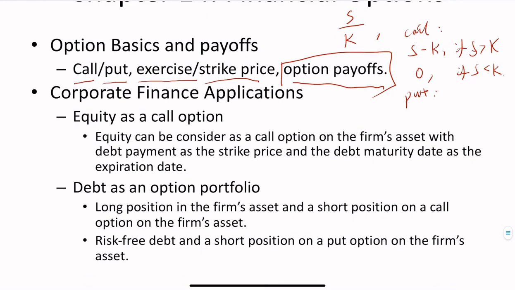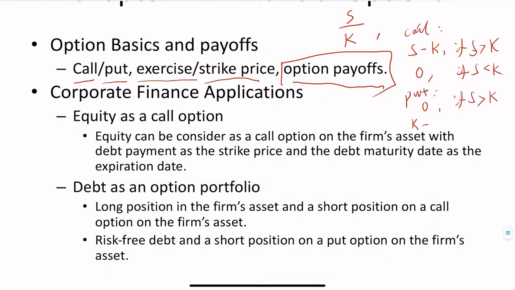We will have the payoff as 0 if the stock price is larger than the exercise price, and K minus S if the stock price is smaller than the exercise price. I hope you are quite familiar with this result because corporate finance applications really rely on it.